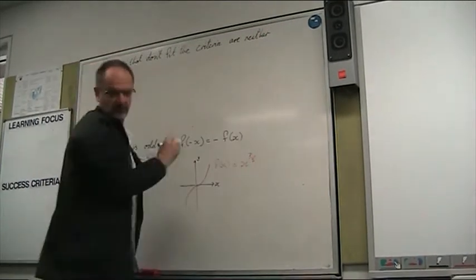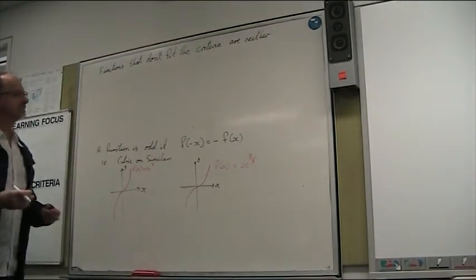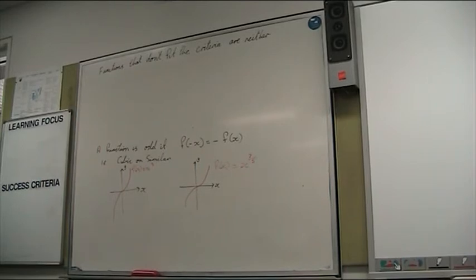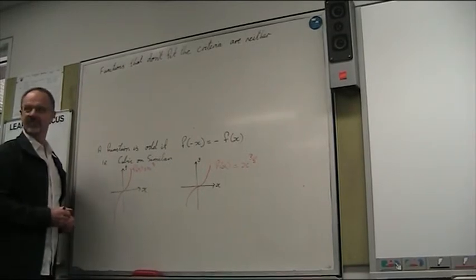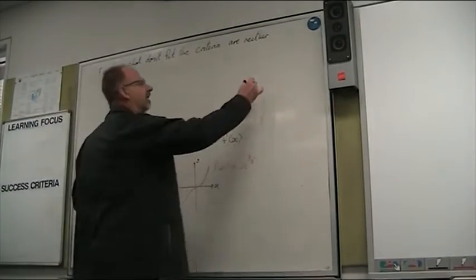So if a cubic function doesn't pass through 0, is it still odd? If it translates? No. So yes, they have to pass through the origin. A good question.